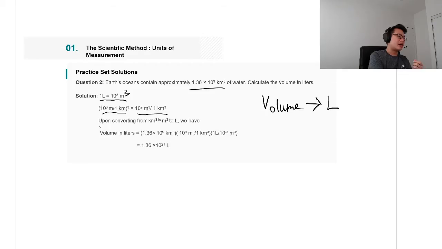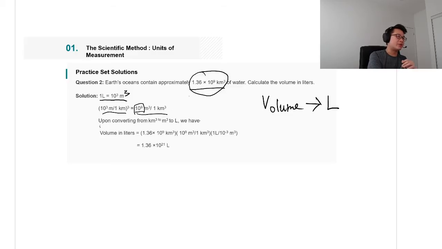Okay, so that would be corresponding to 1 kilometer to the power of 3, and essentially each 1 kilometer cube equals 10 to the power of 9 meter cube. So for every 1 kilometer cube equals 10 to the power of 9 meter cube, and then we have that many kilometer cube.